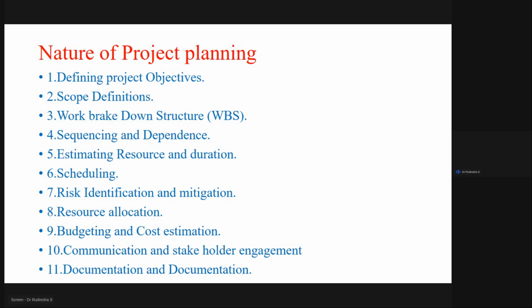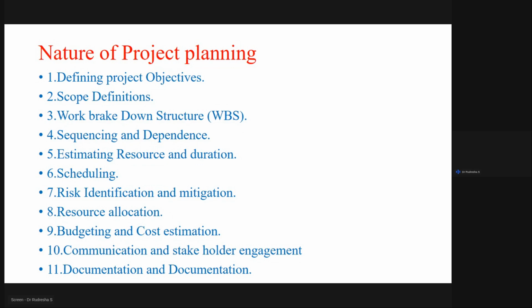Resource allocation. Project planning includes allocating the resources to different project activities based on their requirement, availability and project priorities. This involves assigning the personnel, equipment and material to specific tasks, ensuring their availability when needed.